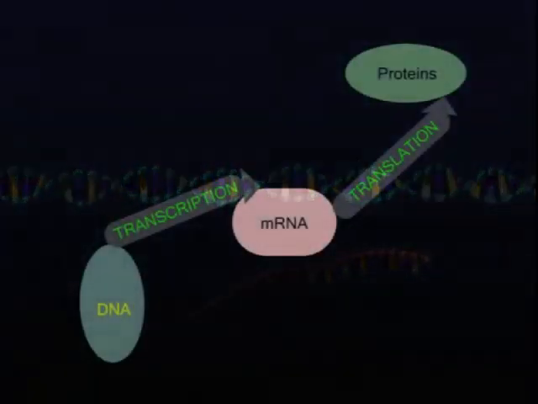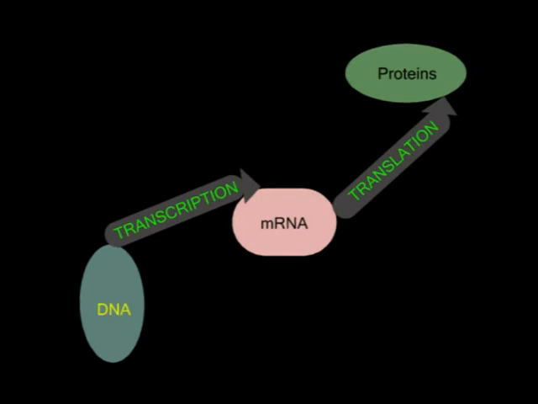And then we move to the next step, translation. Translation is the decoding stage when the mRNA is translated into an amino acid sequence by the ribosomes. So the mRNA sequence is read in codons, each representing a given amino acid. In the case of our strand, GCC is the first codon, and then GAA, GUG, and then the last codon is UCA.